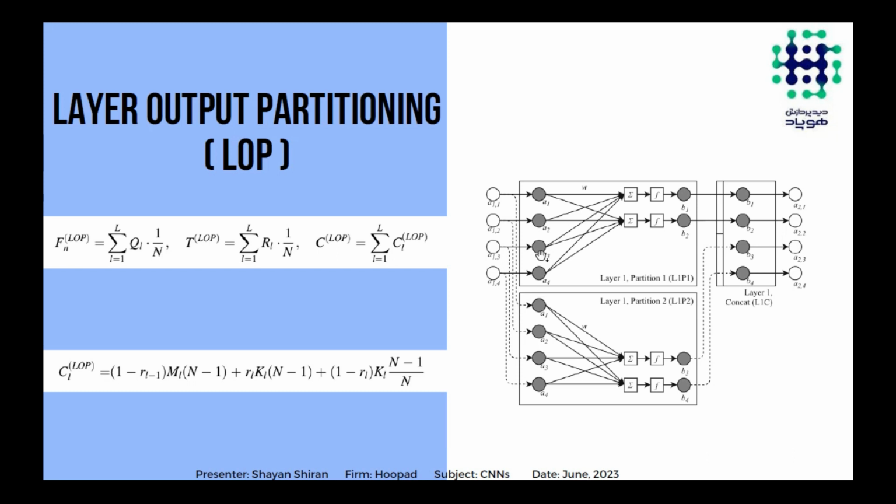Here, the output is partitioned. As you can see, we have layer one in the picture. Layer one, partition one, can be run on device one, and layer one, partition two, can be run on device two.